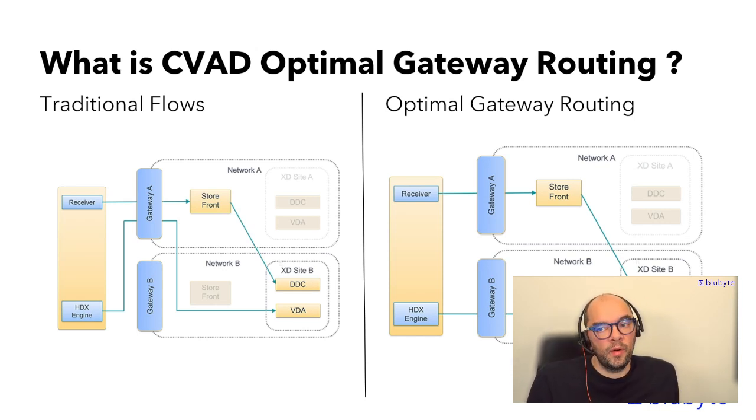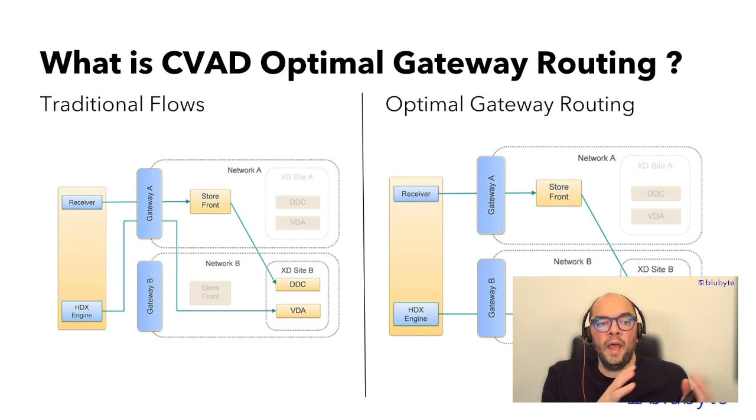Now, optimal gateway routing allows you to configure a relation between the site or the zone that a VDA or a DDC is in and the gateway. This way we can configure StoreFront so that it knows that if site B presents a session on a VDA in site B, gateway B is used instead of gateway A. And that is called optimal gateway routing.